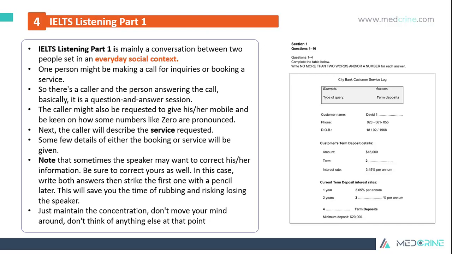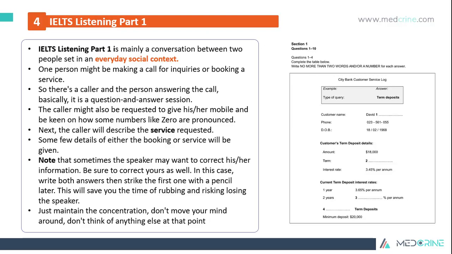Basically, it's like a question and answer session. The caller might also be requested to give his or her mobile numbers and be keen on how some numbers like zeros are pronounced. In this section, you hear names of people, addresses, phone numbers, names of places, and streets.